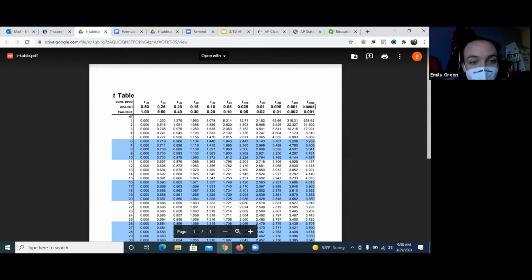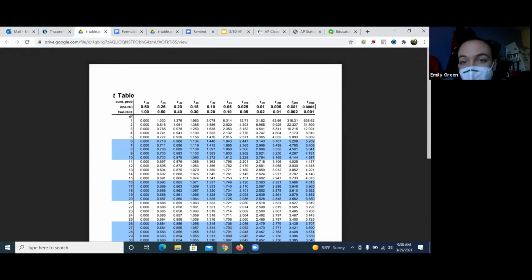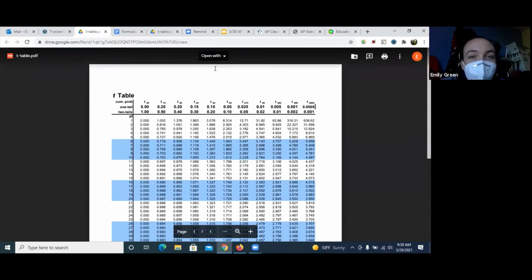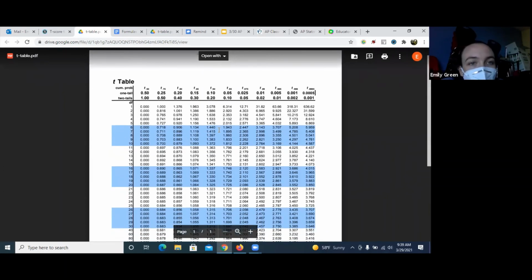This table is showing you a bunch of different t values, like the number that I had, and you're going to be able to look them up in the center of here and find out what is the corresponding p-value, or the corresponding tail that we see up here. If it is less than our significance level, which is usually 0.05, then we know that that is going to be a significant result. So let me look on here for my own.